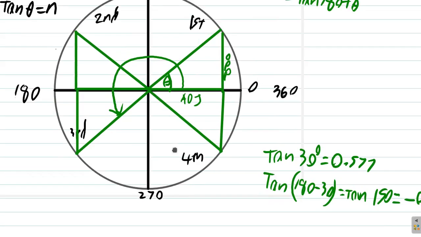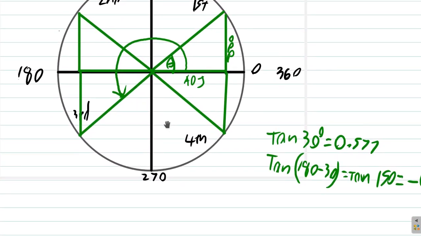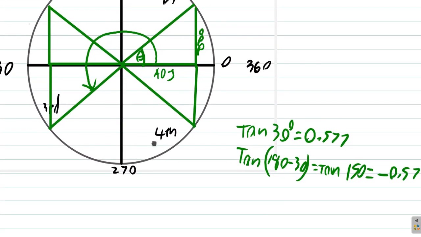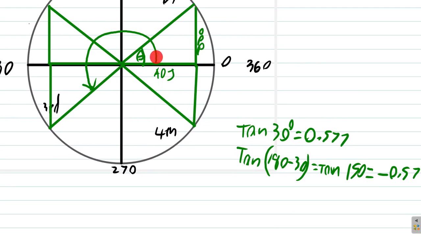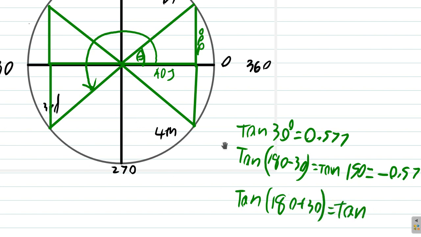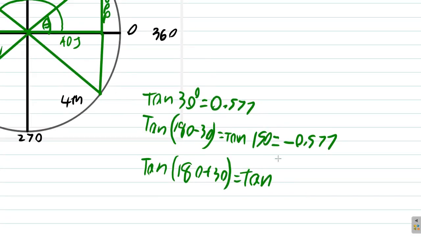Now, what about the one in the third quadrant? For that one, you'll have to go 180 and then go 30 more to line up with this triangle. This triangle is similar to this triangle. All of these four triangles are similar, right? But let us see what happens here. Tan of 180 plus 30, which is 210.